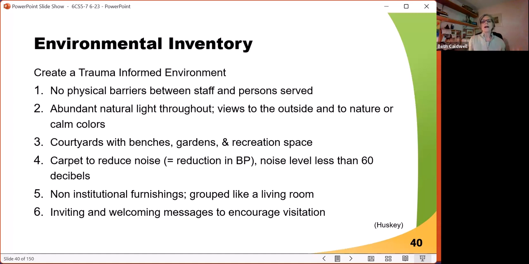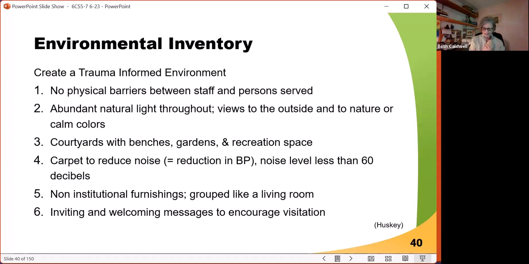And look at this, inviting and welcoming messages. At Terry Children's Center in Delaware, if you go into any of the units, they have individual bedrooms for the youth, and next to each door is a big bulletin board with a picture of the youth, their interests and what they like to do, and their artwork. It's a welcoming kind of thing.